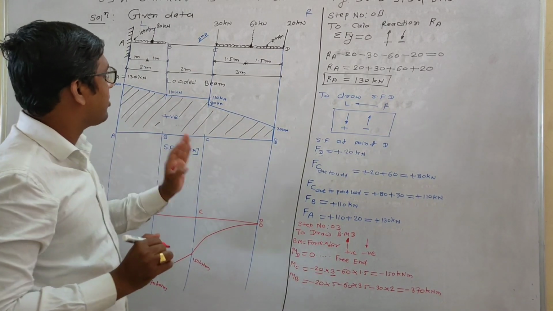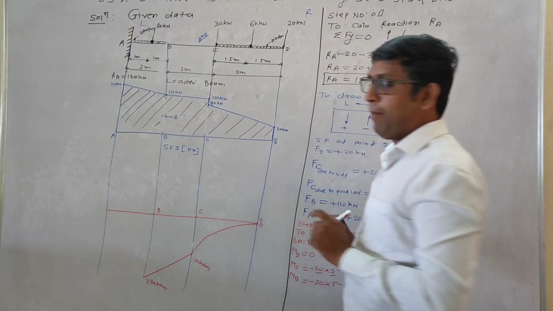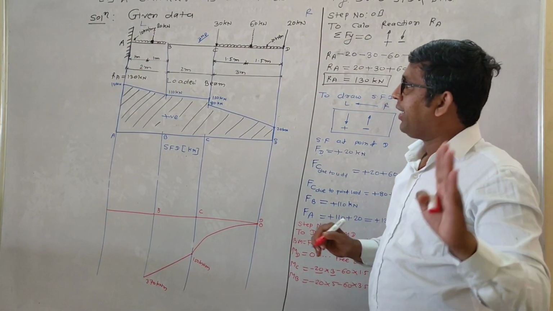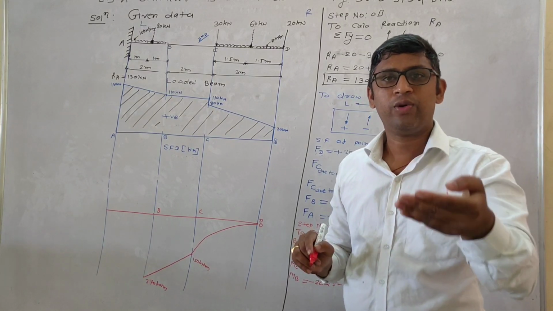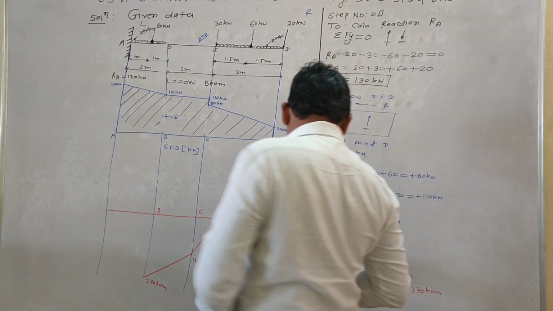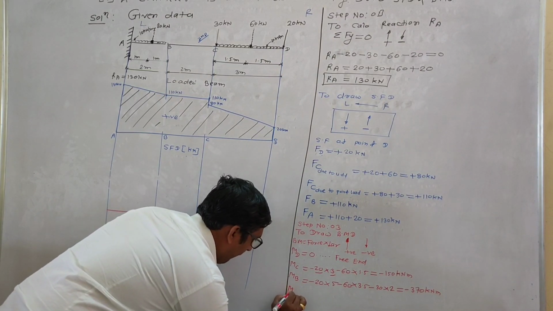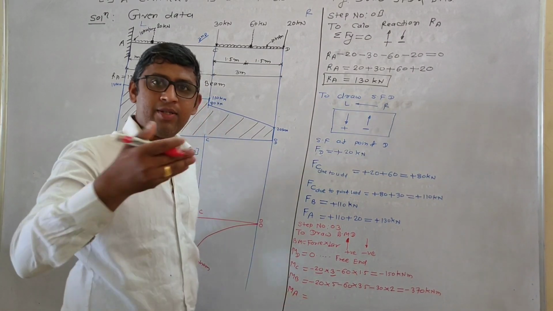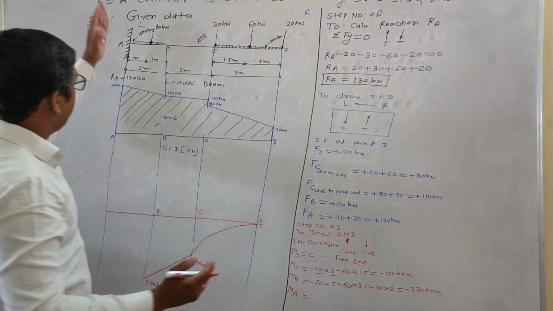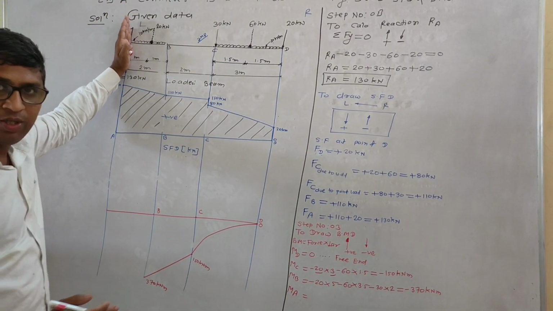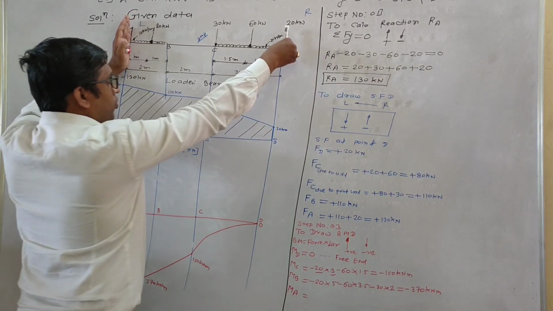Okay. The last point, bending moment at point A. Again, you have to start from the free end. Moment about point A. Moment means force into perpendicular distance. Let's start. This is point A. This is your force.